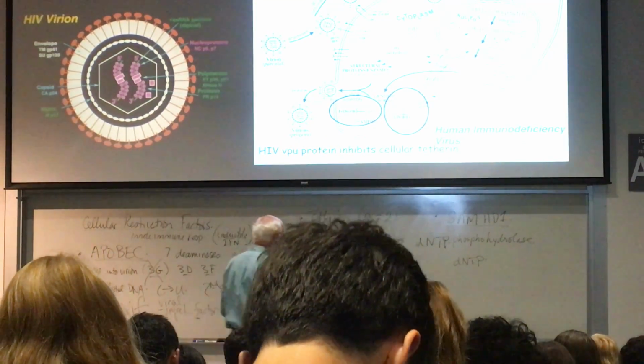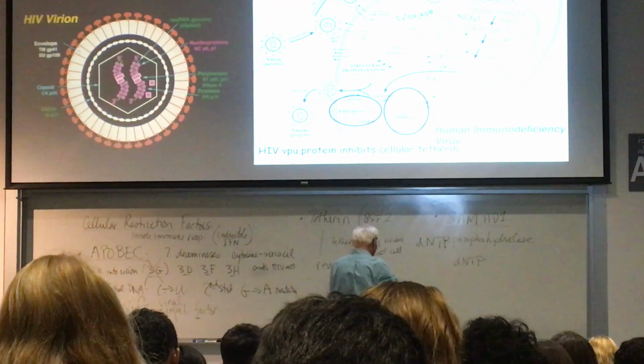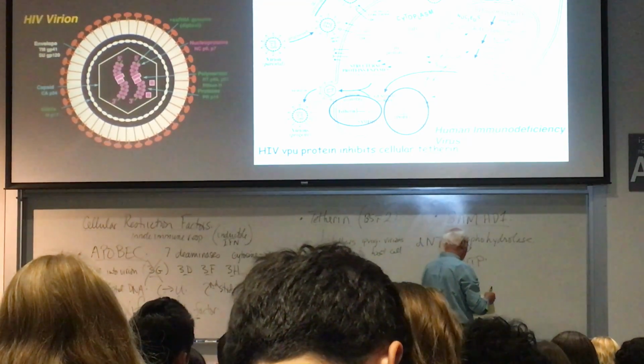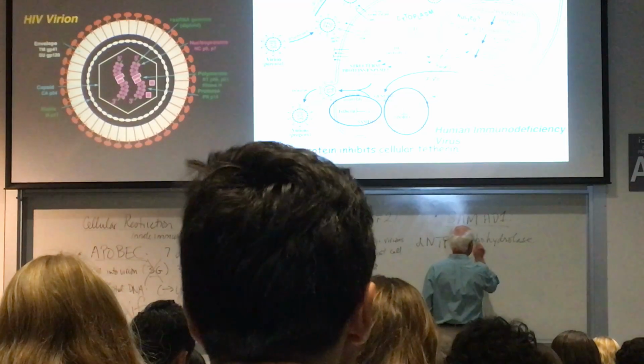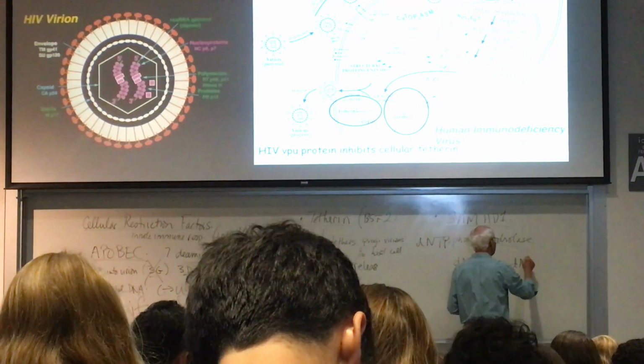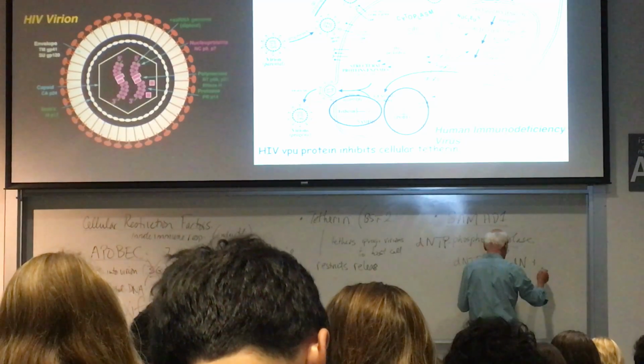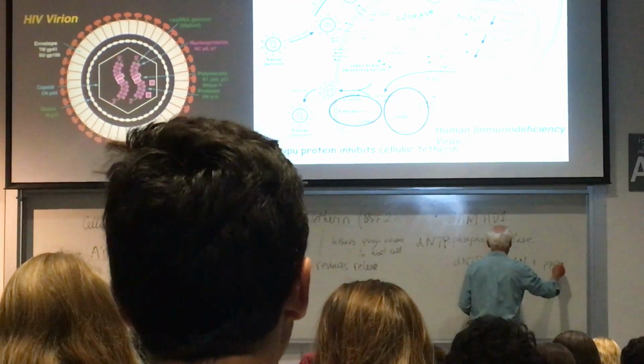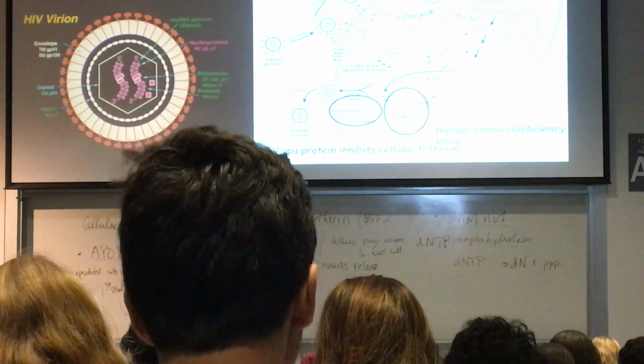And if you deplete that pool, it limits multiplication. And so this phosphohydrolase catalyzes the dephosphorylation to get the deoxynucleotide, and the phosphates are hydrolyzed off, so you deplete the pool.